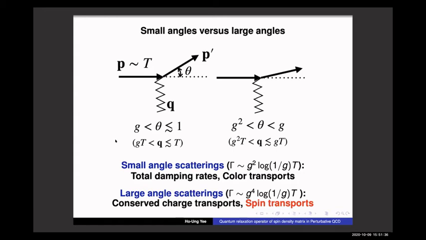And what we find is that the spin transport or spin relaxation is given by the large angle scatterings, not by the small angle scatterings.